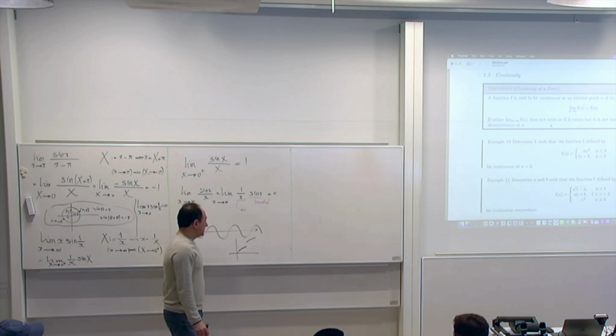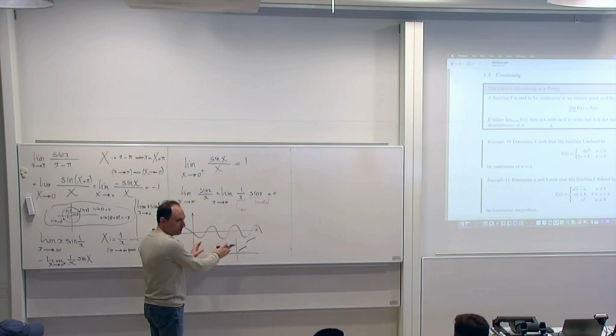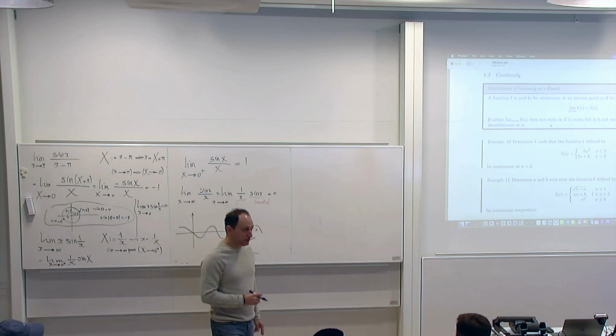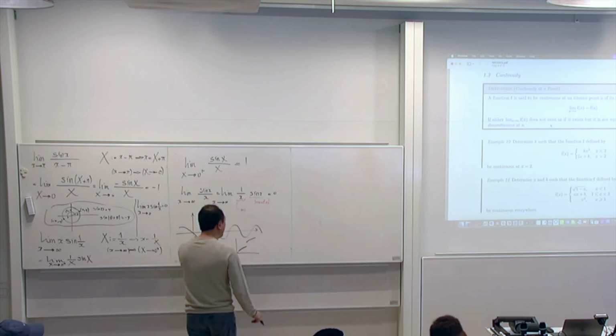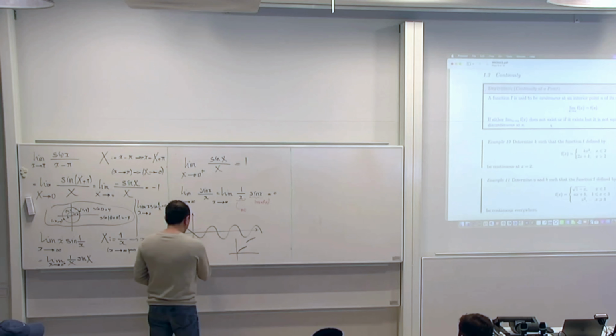Okay, but the logic is different. If I give you the graph of a function, even a primary school kid can see which one is continuous and which one is not. The logic is the other way around. I don't have access to the graph of the function. Instead, I have access to the formula, for example f of x equals x squared plus sine x divided by cosine x.